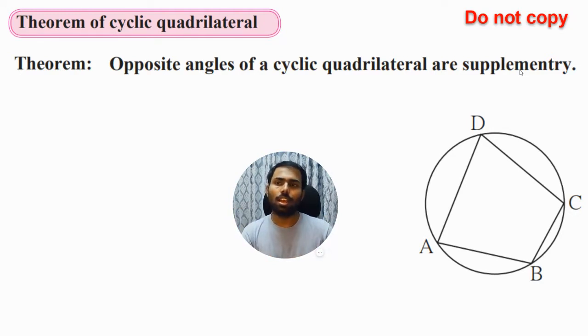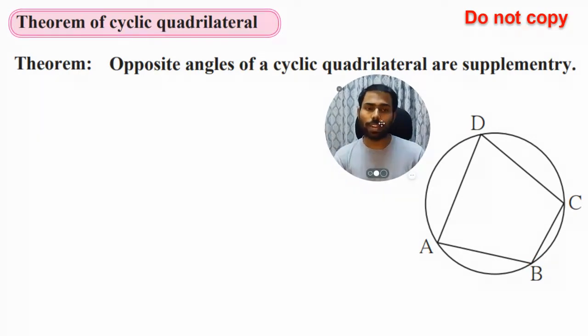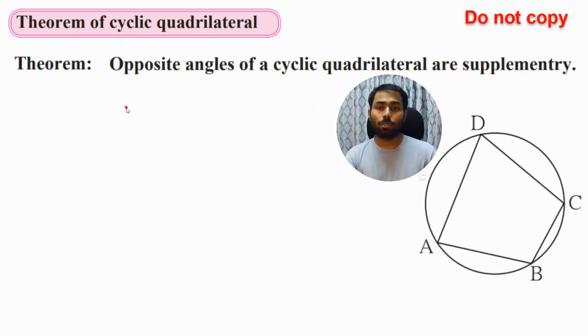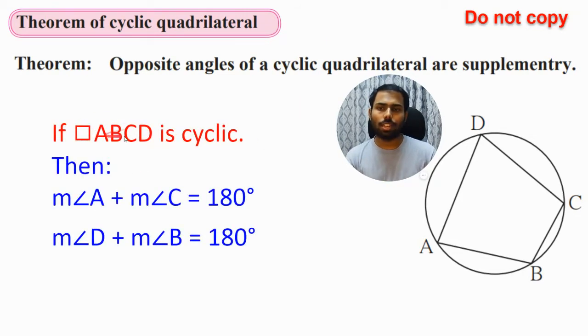Okay, so what are they saying? In the theorem of cyclic quadrilateral, opposite angles of a cyclic quadrilateral are supplementary. So angle A and angle C will be supplementary. Angle D and angle B will be supplementary. Okay, so how will you write the statement? So what will be the if part? If is अगर cyclic quadrilateral है तो. So your if part is quadrilateral ABCD.